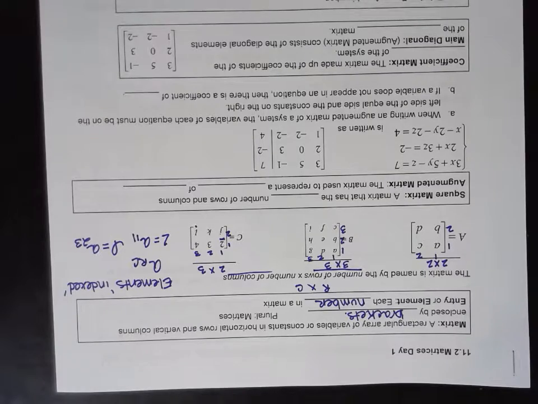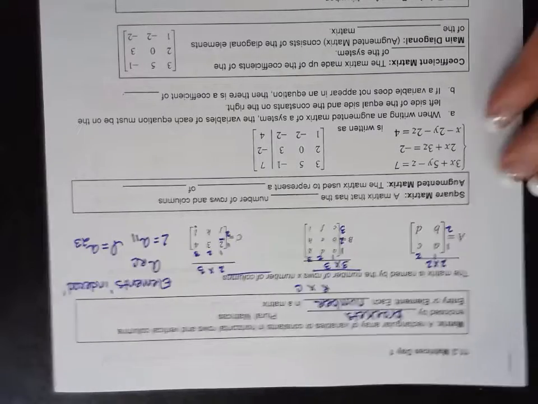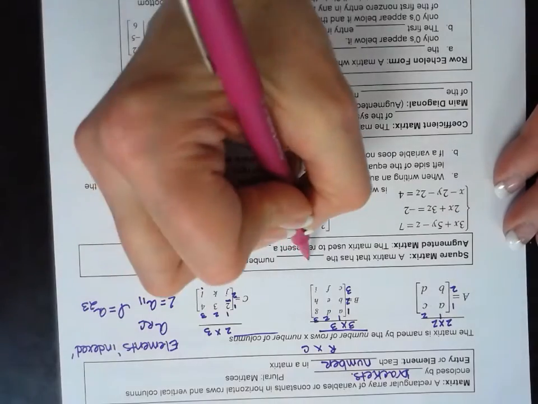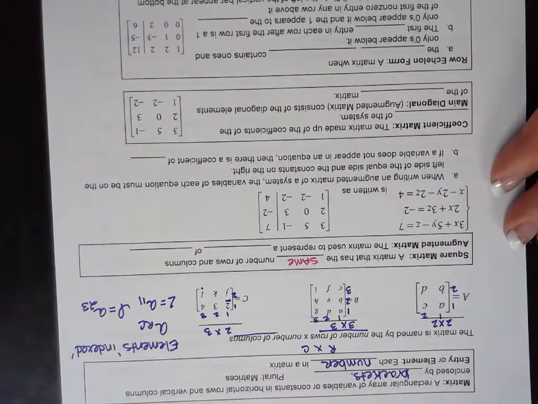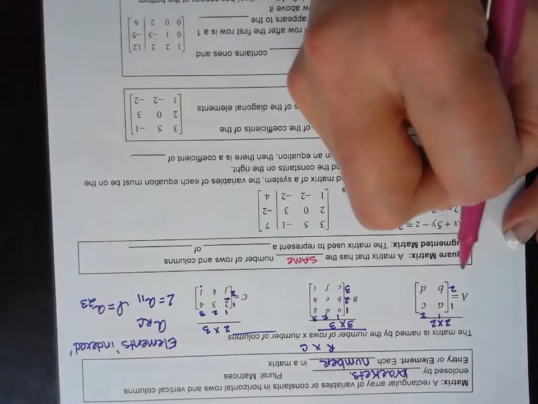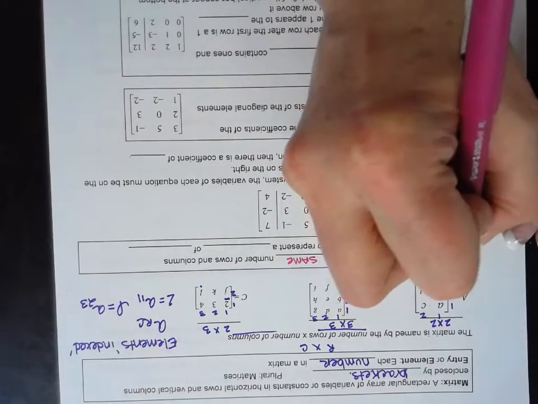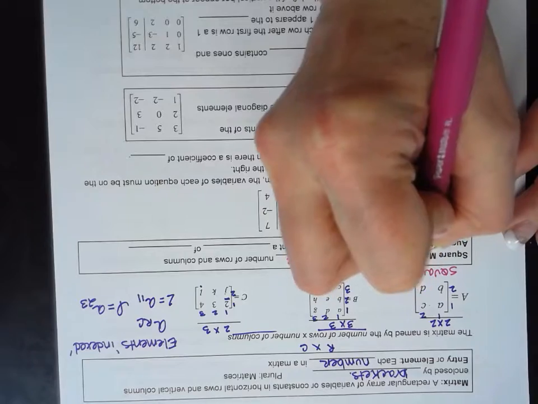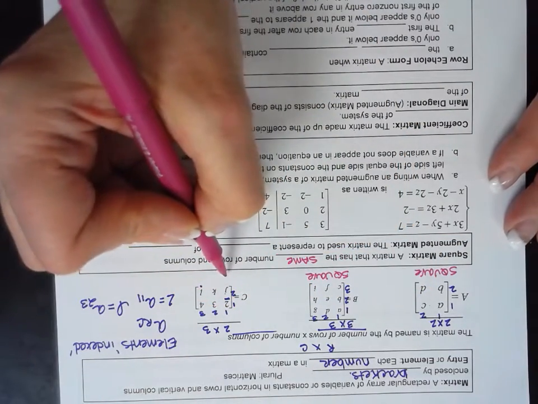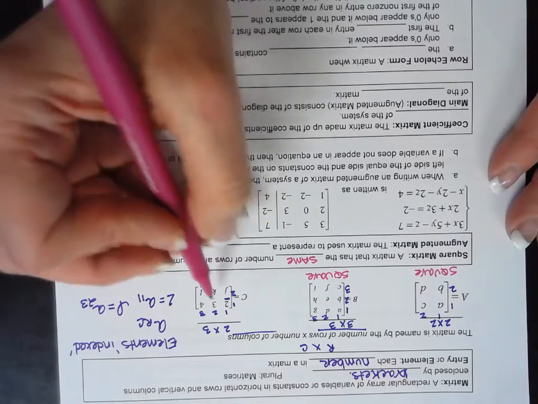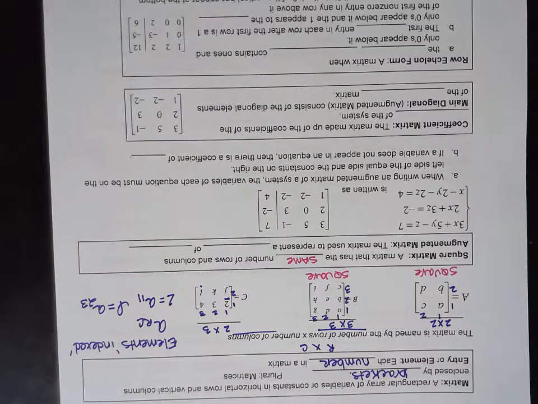Then a square matrix is a matrix that has the same number of rows and columns. So A is a square matrix, and B is a square matrix, but C is not, because there are only 2 rows versus 3 columns.